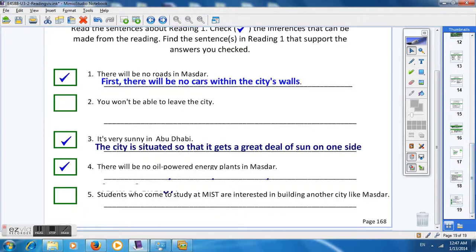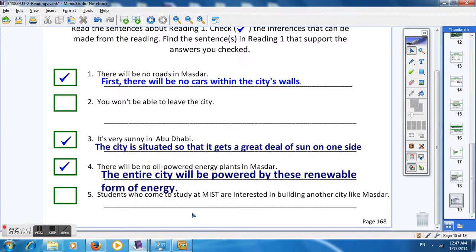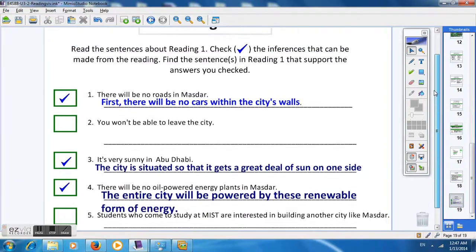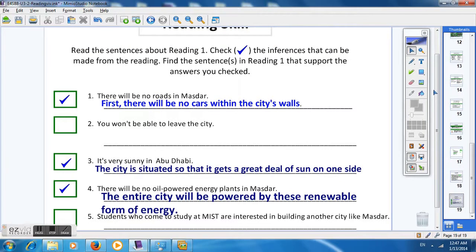So you copy the whole statement here. And that's it. Okay, how about number 5? It says students who come to study at MIST are interested in building another city like Masdar. There's no tick to that. So we have 3 answers here on page 168. So that is about reading 1.